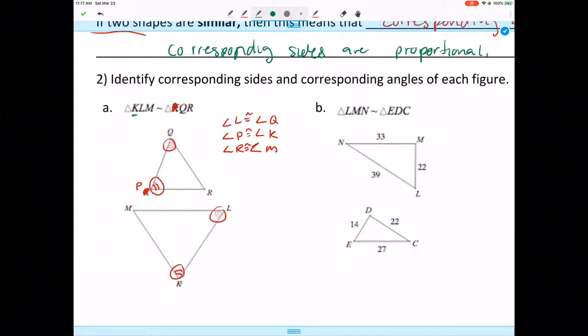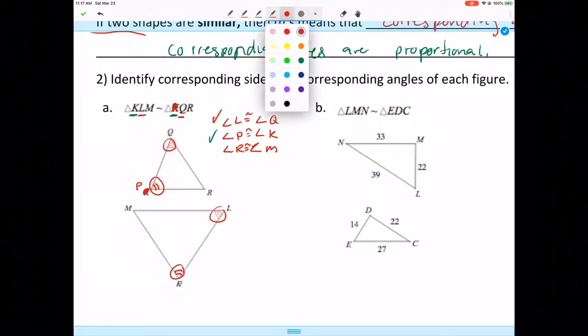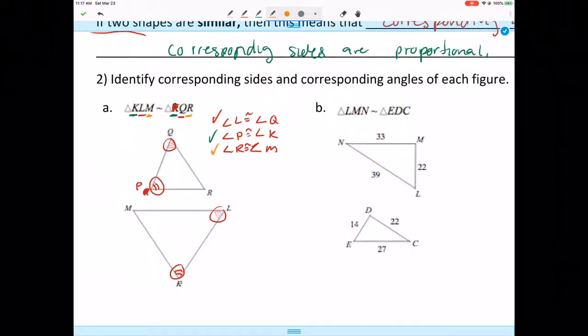Well, here, if you look at the first letters, those are the corresponding angles, K and P, which was right here. Another one would be L and Q, which we have right here, L and Q. And then another one, M and R. So they have them in order, and they're already corresponding angles in order, okay, right here.